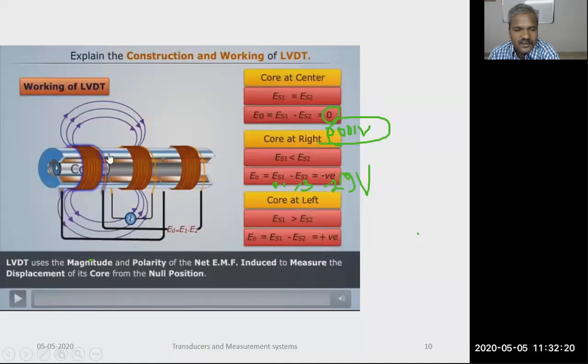If the LVDT is placed for vertical displacement, we are simply changing the names: the core is at the top extreme, the core is at the bottom extreme, and the core is at the middle. This is a very simple, very important topic.